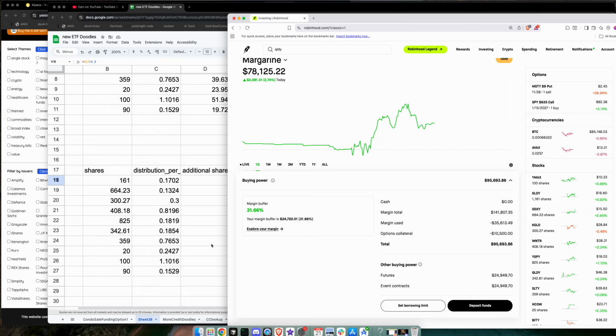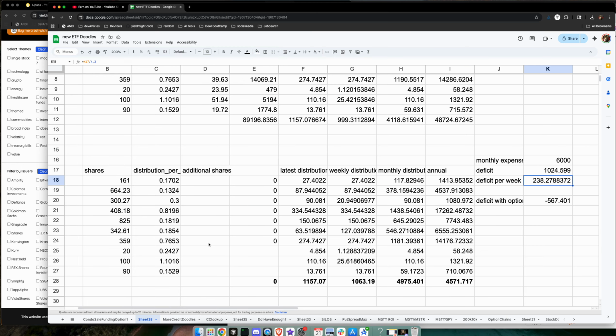Well, if I had to, we would buy more stocks, but I would prefer to get more buffer and slowly get more stocks and, in a more systematic way, get into the positions that I want to in order for this portfolio to be sustainable. But I do need to get $238 more per week.